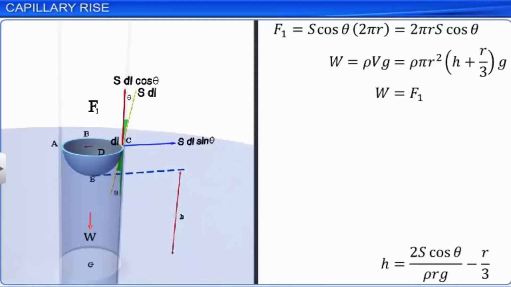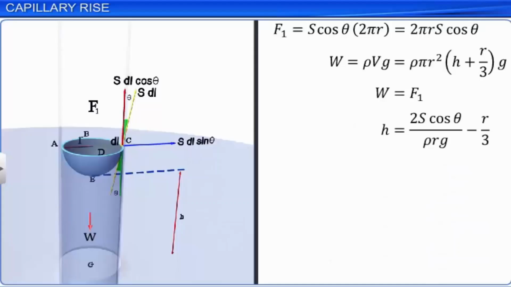If the radius of the capillary tube is much smaller than h, the term r by 3 can be neglected and the expression for capillary rise becomes h equal to 2S cos theta by rho r g.